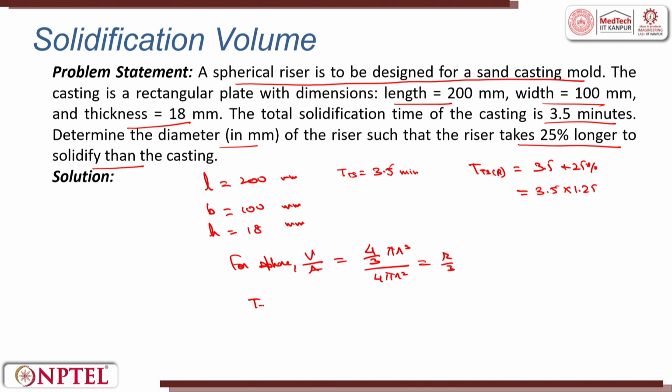So, the solidification time TTS is equal to K times V by A square, which means 3.5 is equal to K times, for the plate, like we saw in the previous numerical, length into breadth into thickness over 2 times the total surface area, that is 2 times 200 into 100 plus 100 into 18 plus 18 into 200.